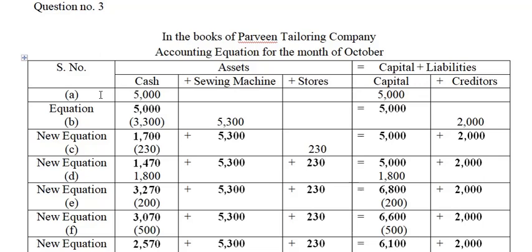Use pencil, because if there is any mistake while preparing the format, you can erase it and remake it. Don't use pen, it will waste the pages if there's any mistake in making the format. Now let us start with point number A.